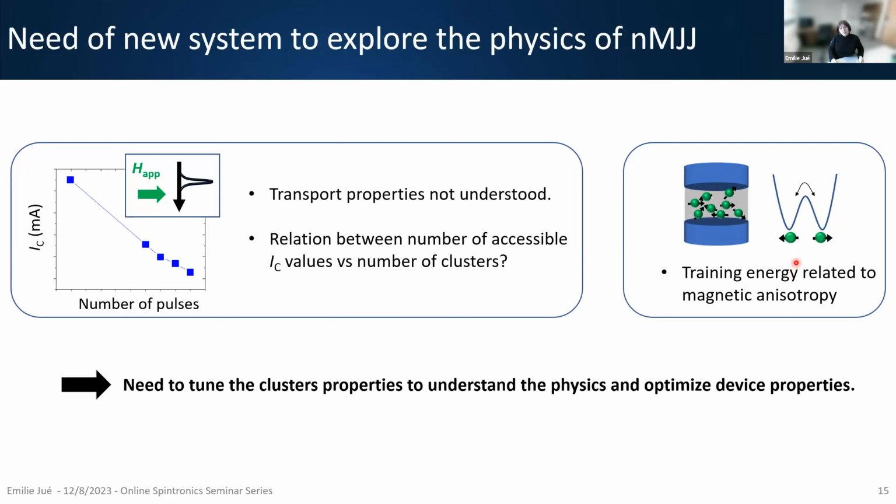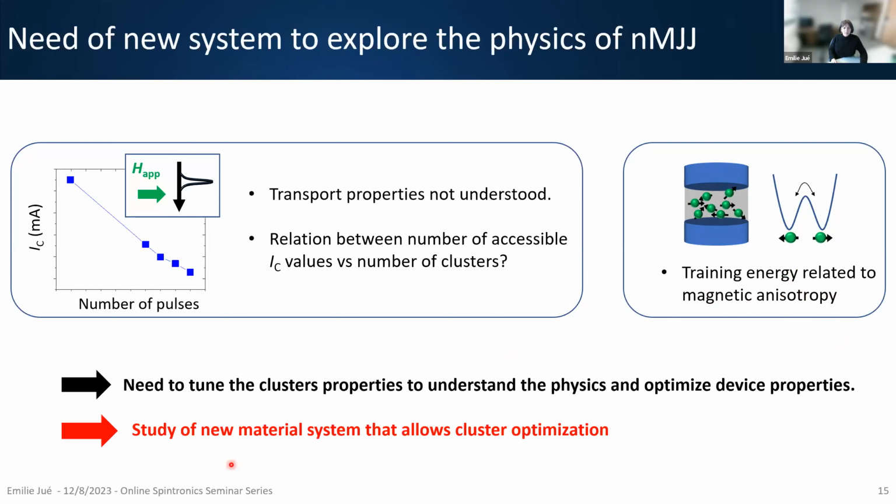So here we think that we should be able to improve the training energy if we can optimize the cluster properties. So for all these reasons, here we would like to tune the cluster properties to understand the physics of this device and to optimize its properties.